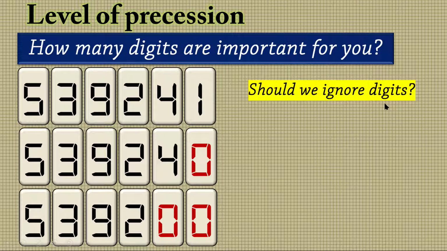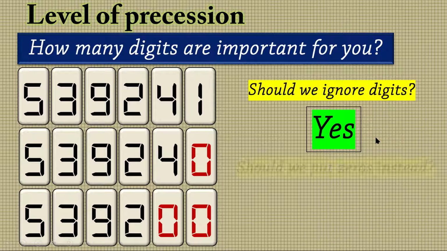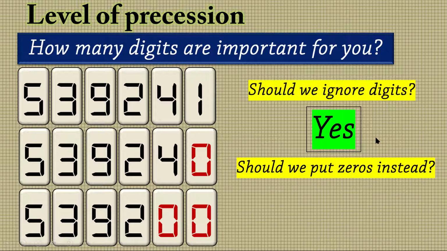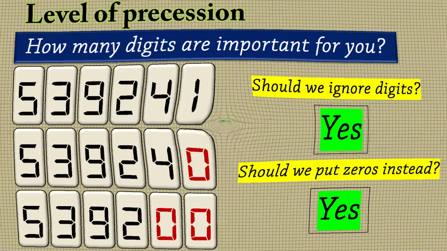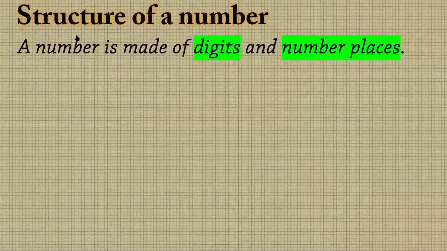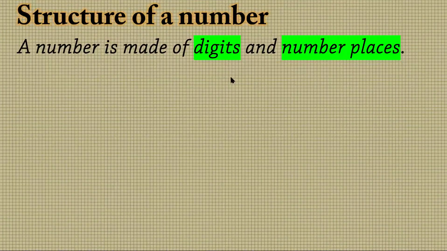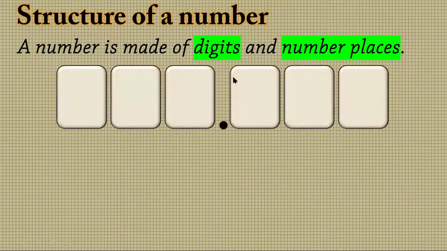Should we ignore digits? Yes, in rounding, we ignore some digits. Should we put zeros instead? Yes, but pay attention. It has some elegant points. Let's have a review on the structure of a number. A number is made of digits and number places, sometimes with a decimal point.